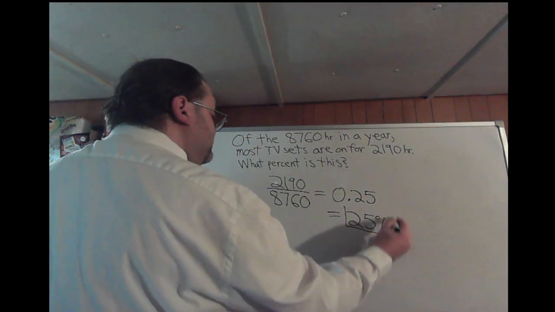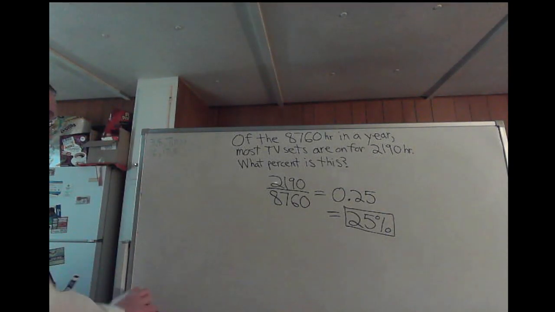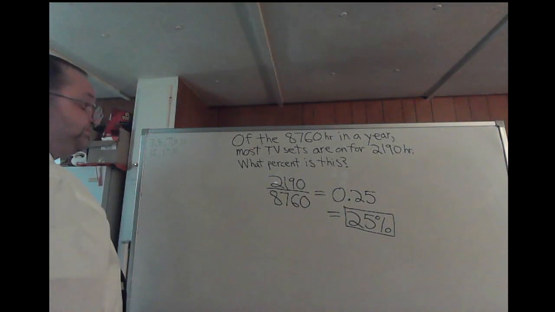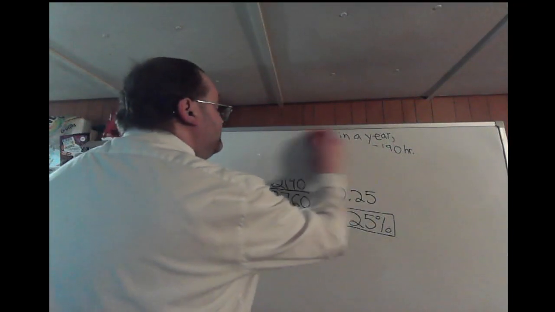So the TV stays on for 25% of the year, which is quite a bit of electricity. Well, not anymore in this day and age. Most TVs are smart TVs, but still, we could all work to cut back where we can, I do suppose. So that's the answer to this question, is 25% of the time TVs are on.